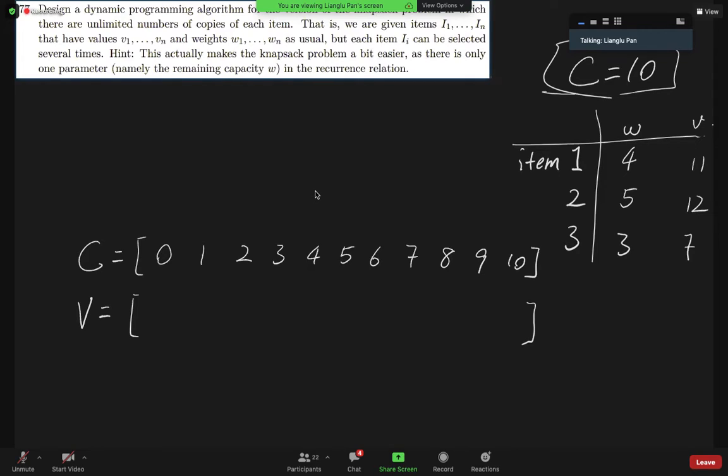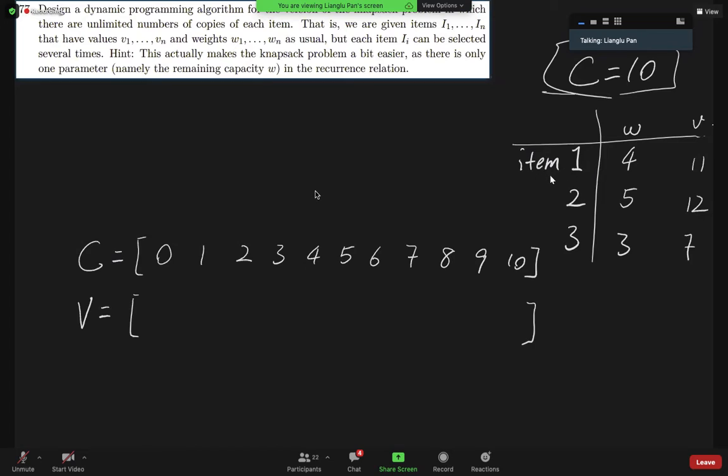Now, how do we find the highest value that we can get? I think we can also use a dynamic programming approach. Without dynamic programming, we may use an approach like brute force to try all possibilities. Let's say we consider if item 1 is loaded 0 times, once, twice.